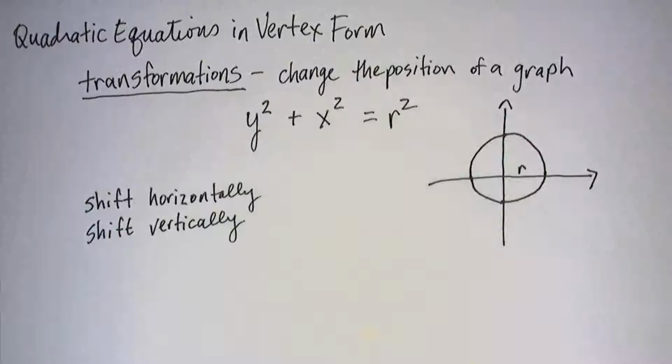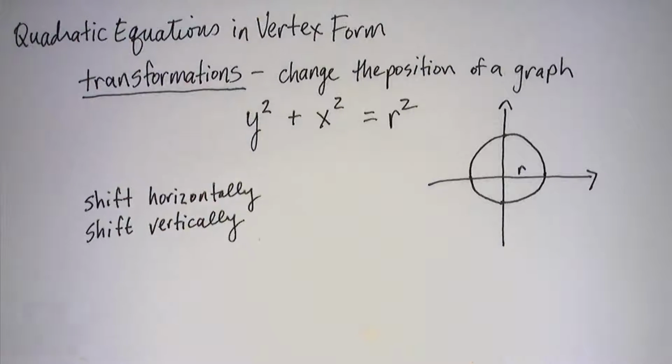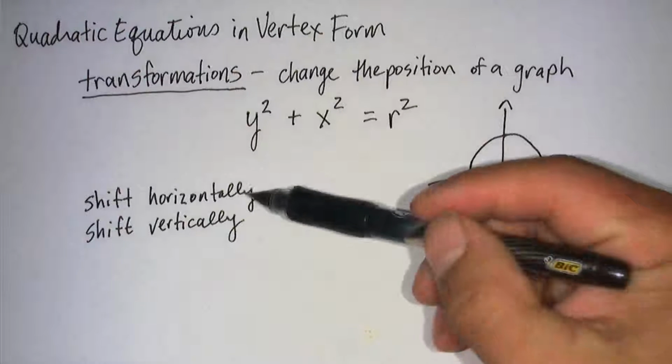Later in higher math, you can learn that you can rotate graphs using an advanced transformation. But we're going to keep these simple. We're going to just shift horizontally and shift vertically.